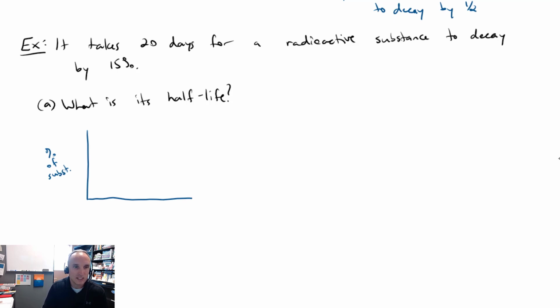Well, let's say that we're going to start with 100%. And our time is measured in days, so this would be 0. And we know after 20 days, it decays by 15%. So in other words, after 20 days, there's still 85% remaining. So our graph does this kind of thing.